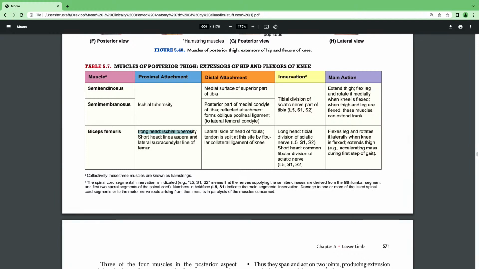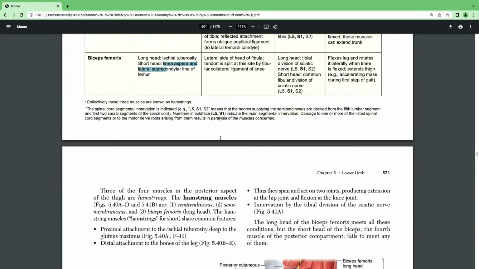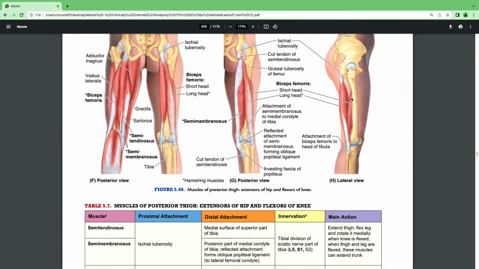In all of the cases, it will be the same. Only the biceps femoris short head is different. This is the part which is different, and here we have the posteriorly oriented linea aspera, which is clear, yeah. And as a plus, from the lateral view, it's very well seen. You can see how it passes through the length of the linea aspera and towards the supracondylar region of the femur.